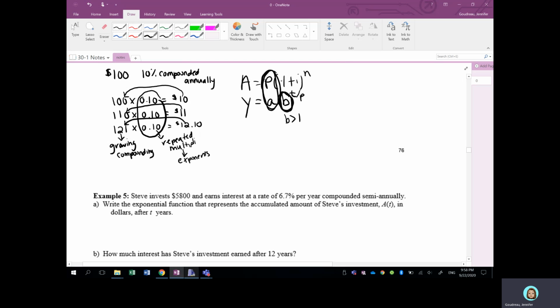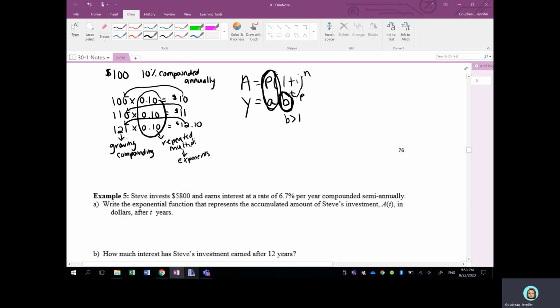That does two things. The first thing it does is ensure that we are going to have exponential growth. The second thing it does is actually add the interest to the initial value. So by going 1 plus i to the n, we are calculating the interest and adding it to the original investment at the same time.